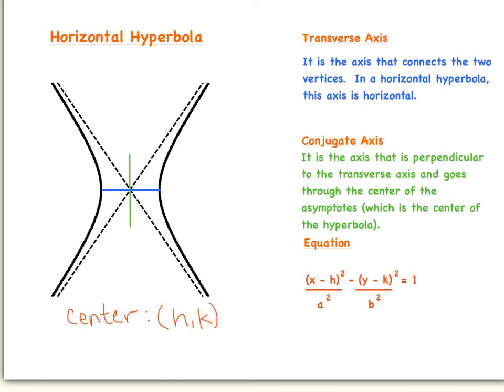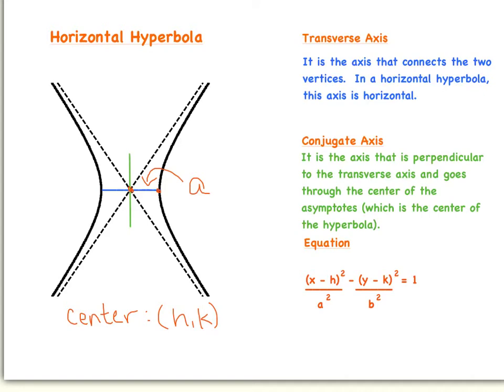Another similarity between the hyperbola and the ellipse is what the a value represents. The a value represents the distance between the center and the vertex. Now this is pretty much where the similarities end, because unlike the ellipse, the a value does not have to be greater than the b value.